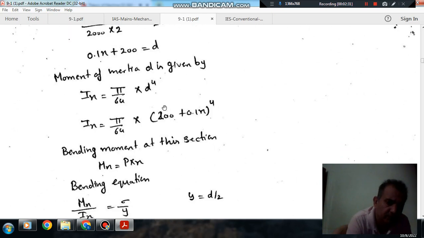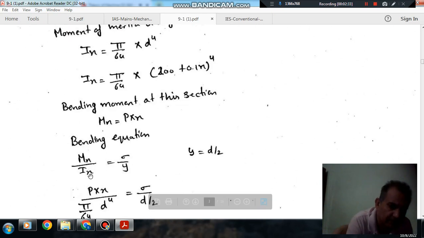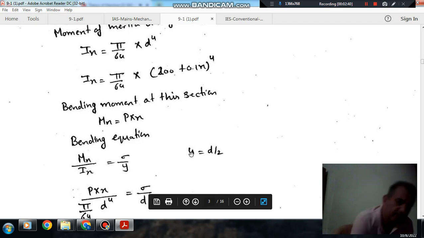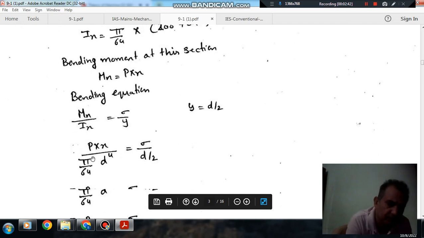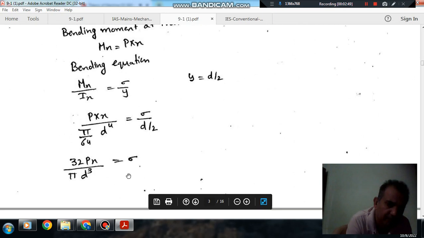So in the bending equation, M by I is equal to sigma by y, and y is your d by 2. I is this quantity and M is this quantity. We can put this: P into x, pi by 64 d to the power 4, and d by 2. So in terms of d we have sigma is equal to 32 P x divided by pi d cube.